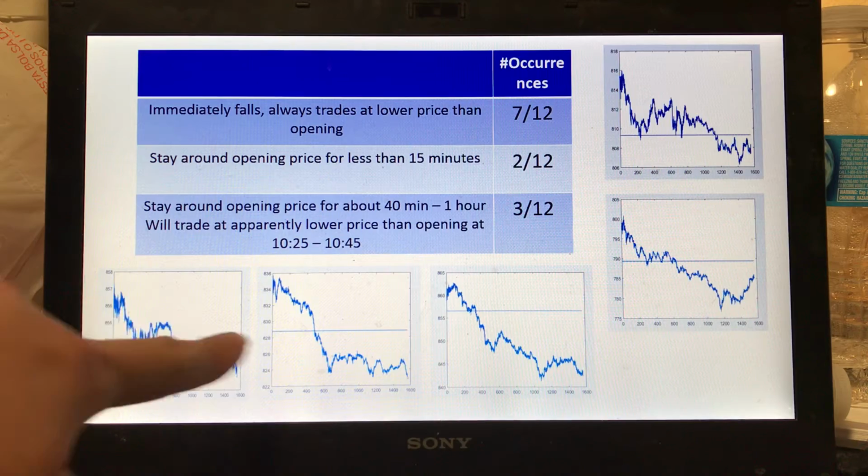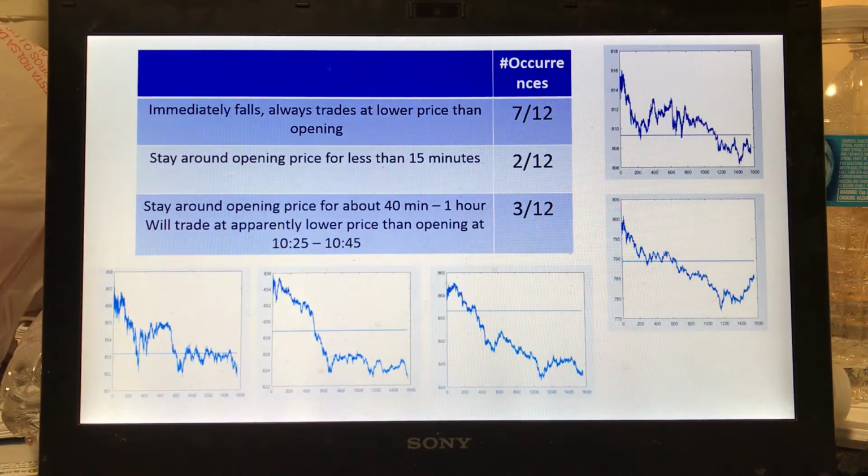And there are 3 cases that the stock stays around the opening price for more than 40 minutes or to an hour. However, since this has been a relatively long time, and since the stock opens high, you may want to sell some of your assets, but you are definitely not selling all of your assets.